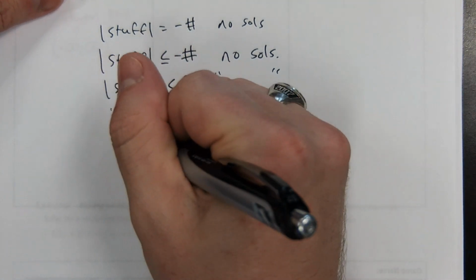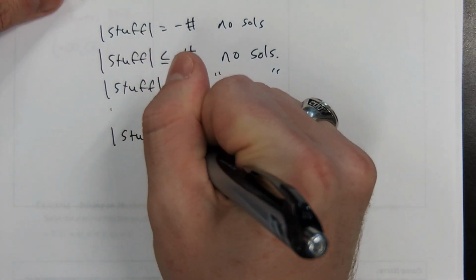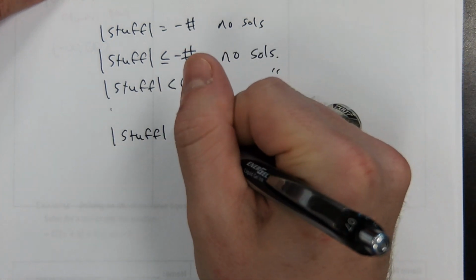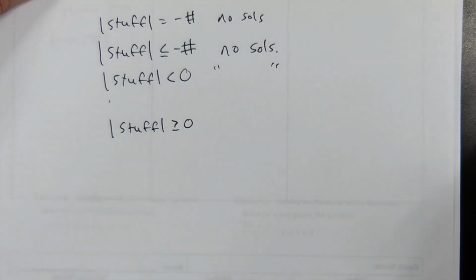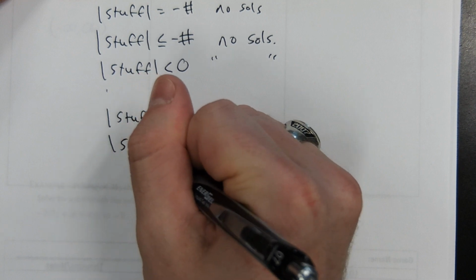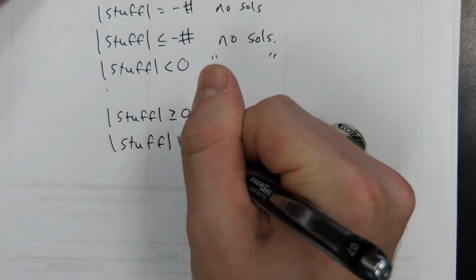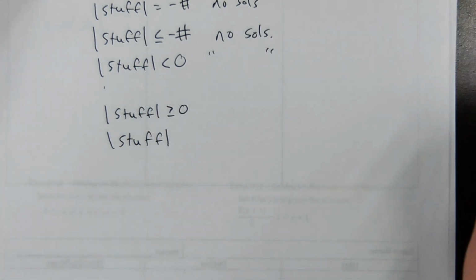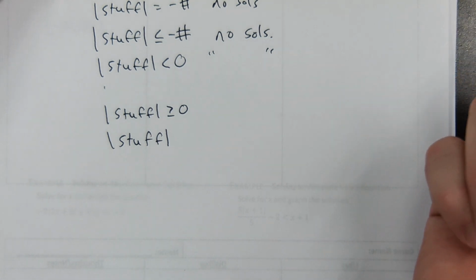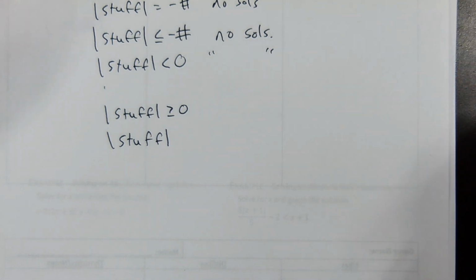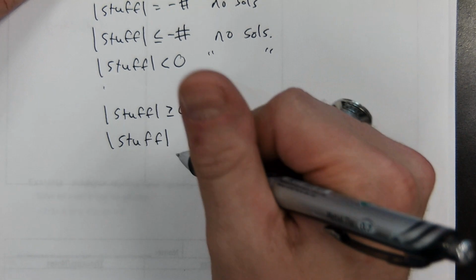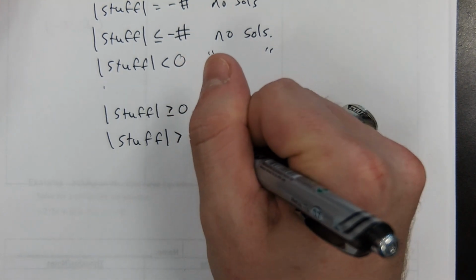Well, absolute value of some stuff being greater than or equal to 0. Absolute value of some stuff being, well, I can't say strictly greater than 0 because sometimes equal to 0. So if I say strictly greater, that's not possible. But I could say greater than negative numbers.